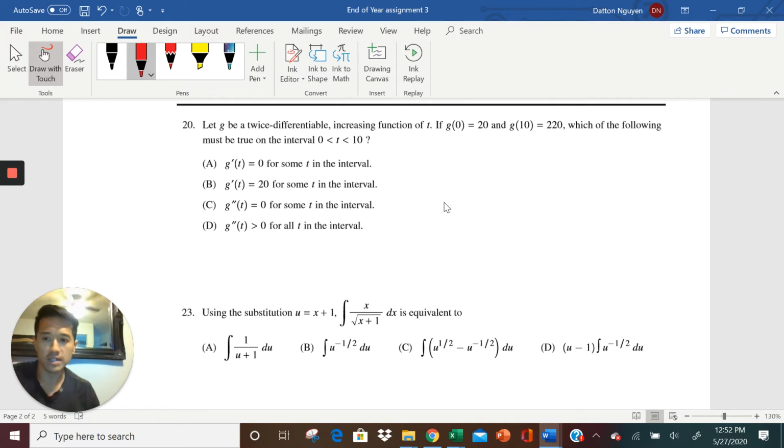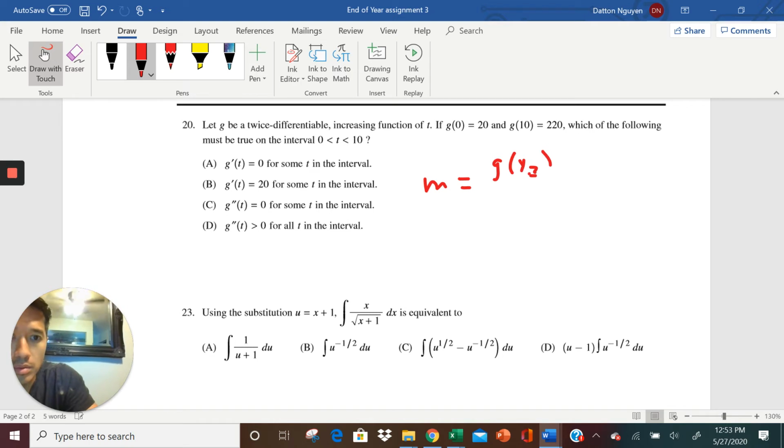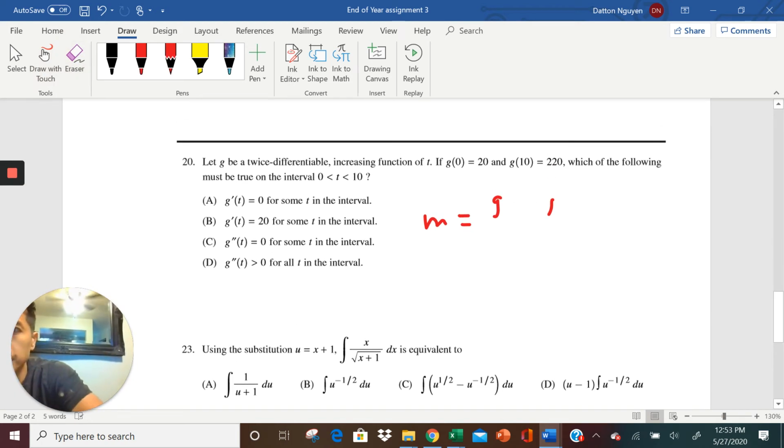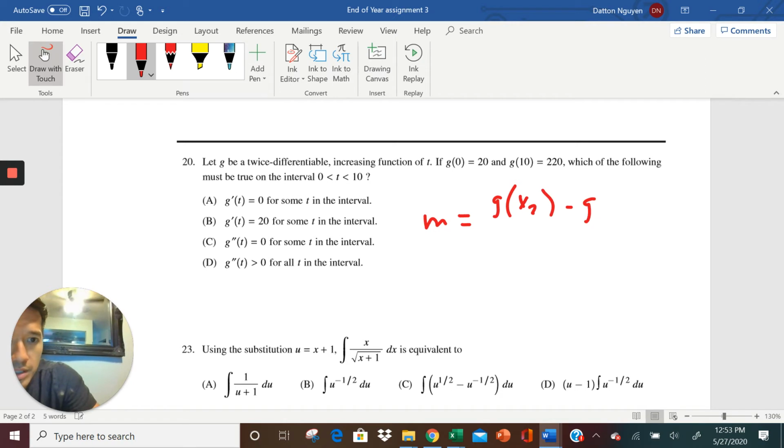Number 20 deals with IVT and MVT, intermediate value theorem and mean value theorem. Okay, what I mean by mean value theorem is that the slope is equal to g of x2 minus g of x1 over x2 minus x1.